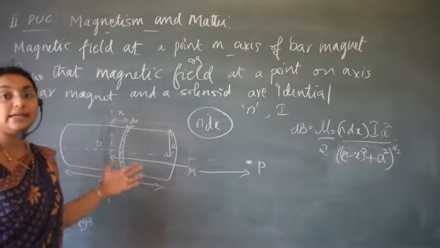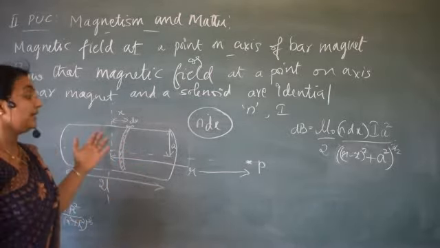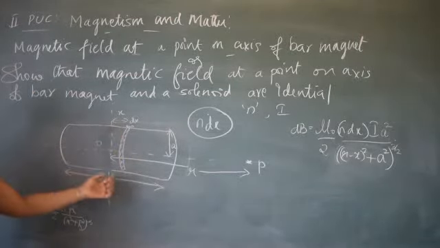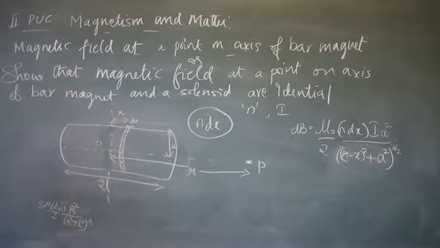Let us consider a solenoid having n number of turns, and let us consider one element of the thickness dx.